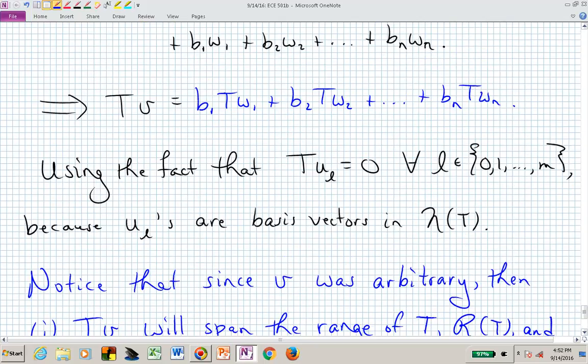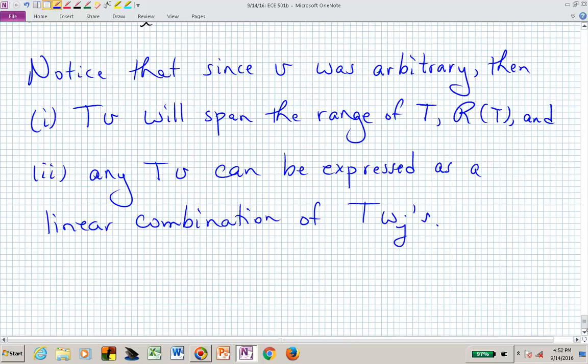So Tv is just some linear combination, b1, b2, those are the weighting coefficients of Tw1, Tw2, etc. So Tv spans the range of T, and Tv is capable of being expressed as a linear combination of the Tw's.